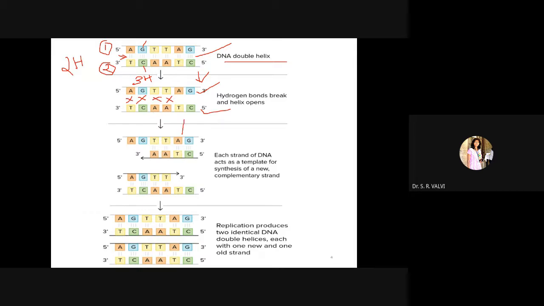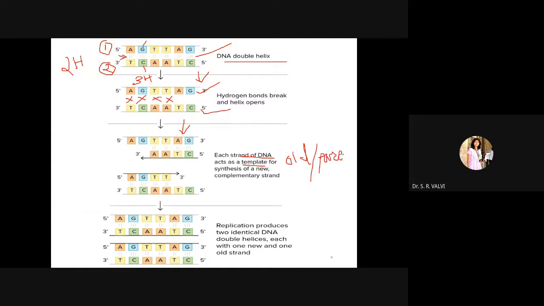Now what is going to happen in the third step? Each strand of DNA acts as a template. You can call it the old strand or the parental strand.